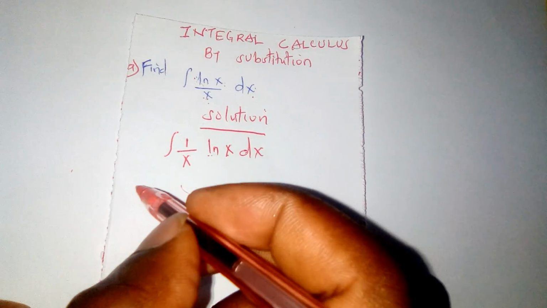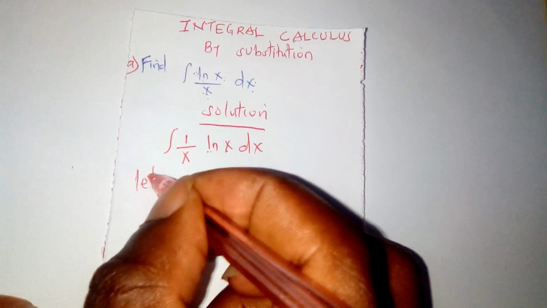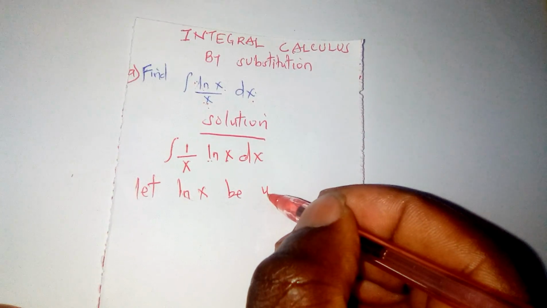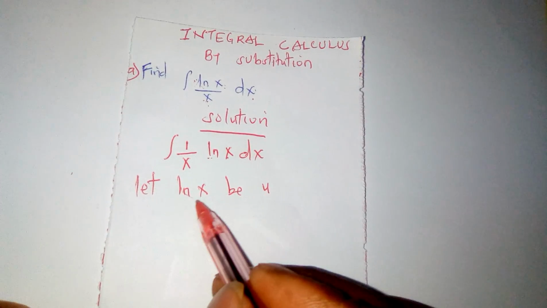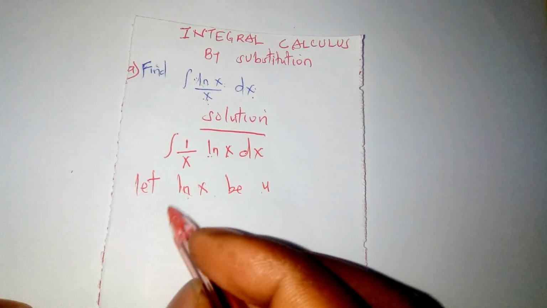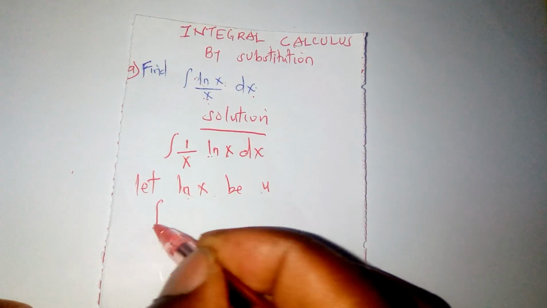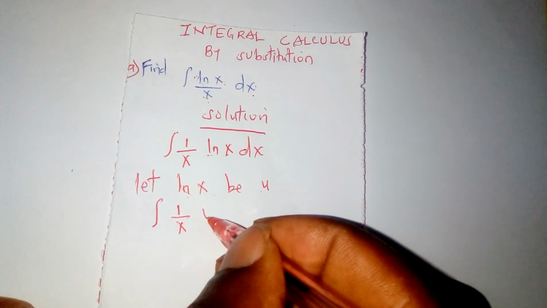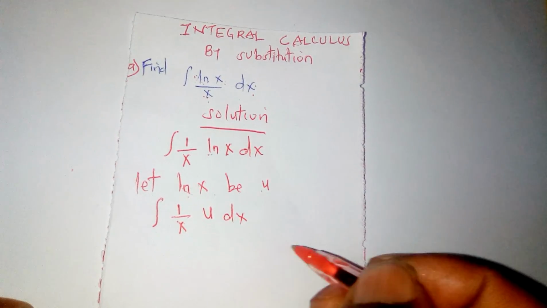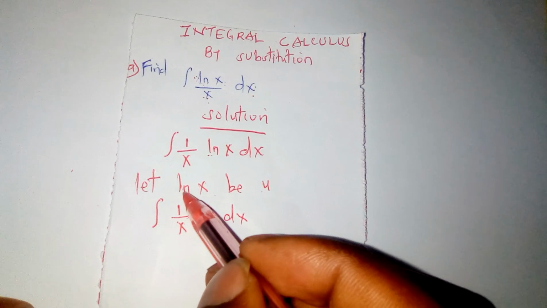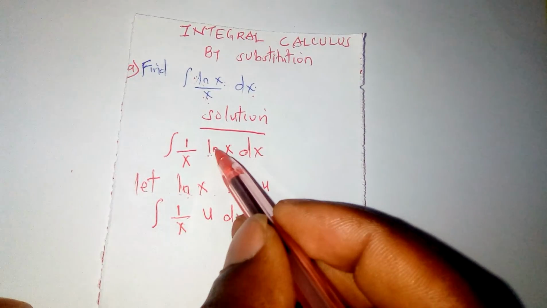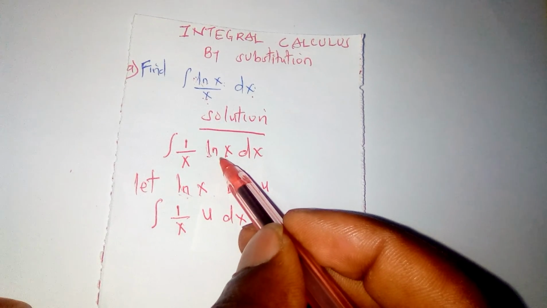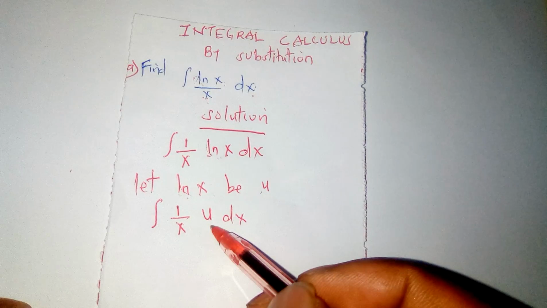So you say let ln x be u, and having lettered ln x as u, I'll be in a position of coming up with the new values, that is the integral of 1 over x u dx. That is it, because I have said let ln x be u, so where ln x is, I just substitute with u.